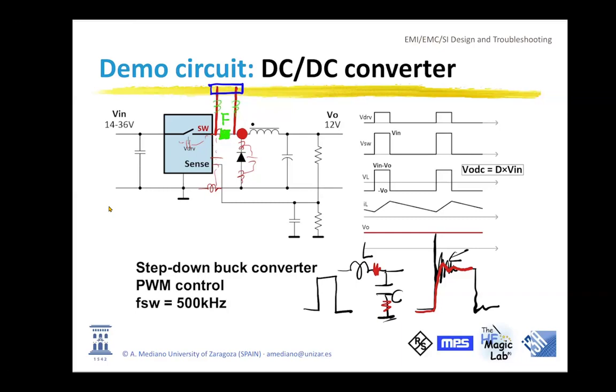So by introducing more and more the jumper in position, the inductive effect for the switching node is reduced, and then the peak goes up in frequency. If you remove the jumper, the inductive effect for the switching node increases, and because the inductance is higher, the peak of the resonance goes down. That is the idea.